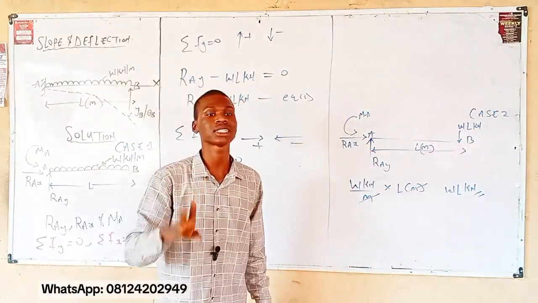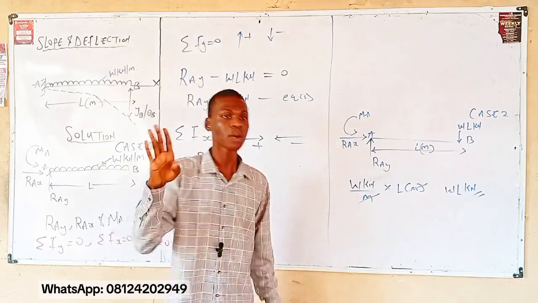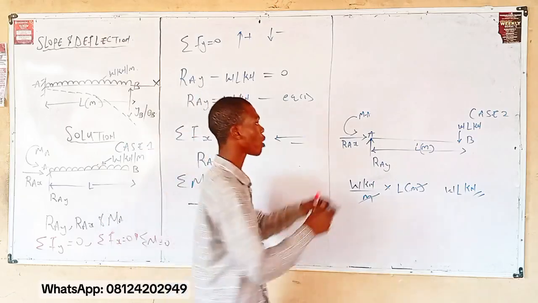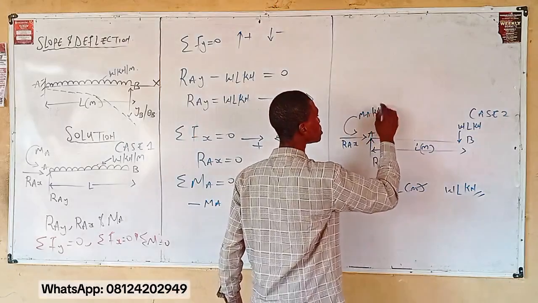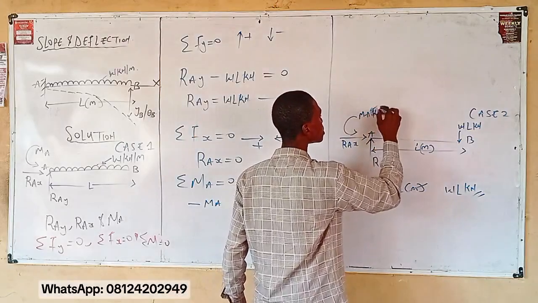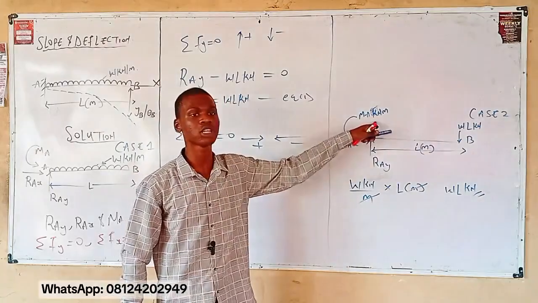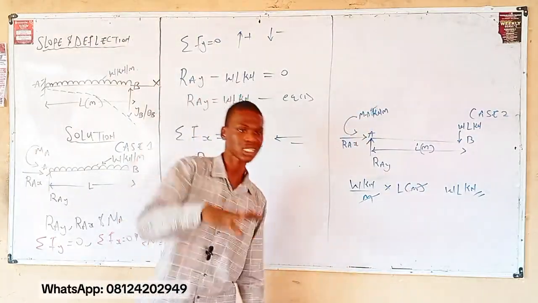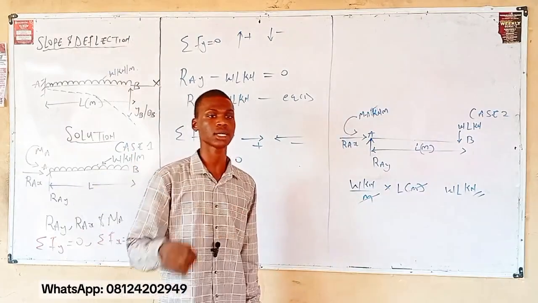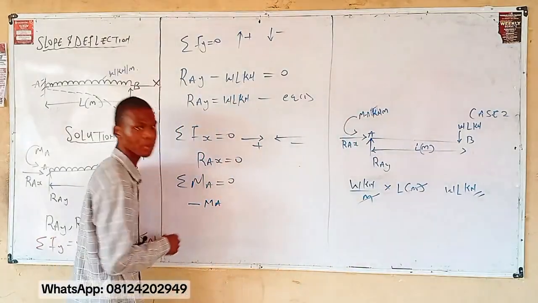But what I want to hear is that it is already a moment. You know, the unit is in what? Kilonewton meter. Moment is force times distance, and the unit already is kilonewton meter. Meaning there is no distance; it does not cover a particular distance. So you just have negative MA.